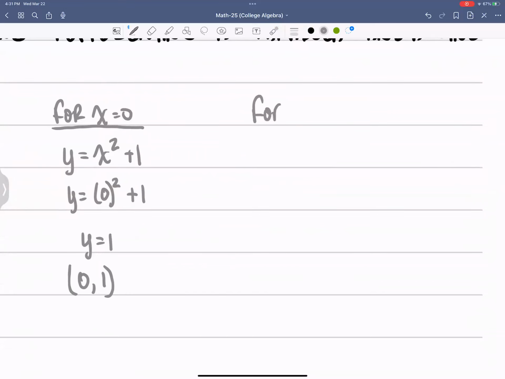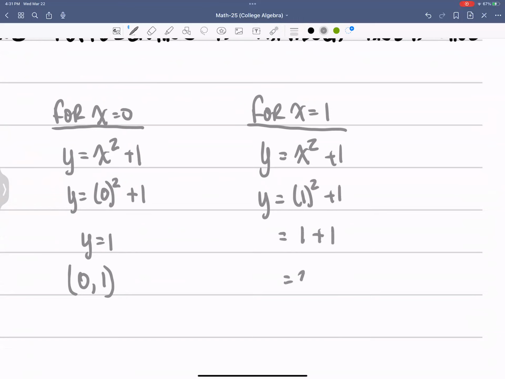Again, we have y is equal to x squared plus 1. In this case, x is 1, so we have 1 squared plus 1. So we have 1 plus 1, which is 2. So when x is 1, y is 2.